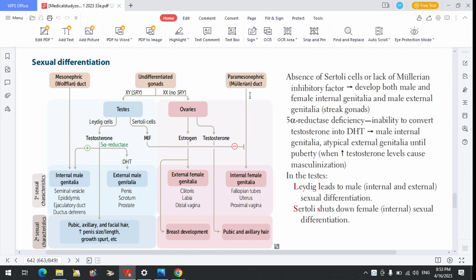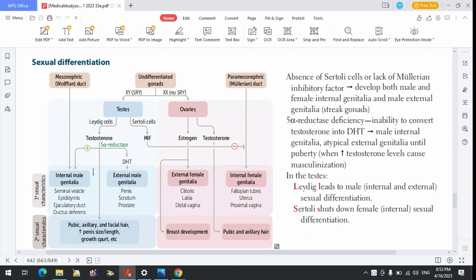So just to remind us, if paramesonephric degenerates in males, what is the remnant of paramesonephric duct in males? The appendix testis. Okay, the appendix testis. So what's the remnant of the mesonephric duct in females?